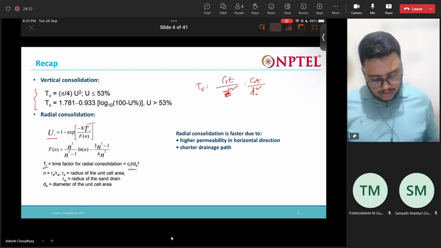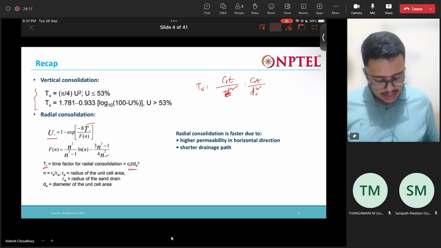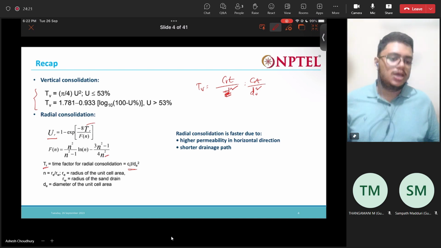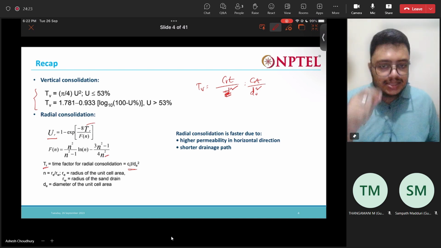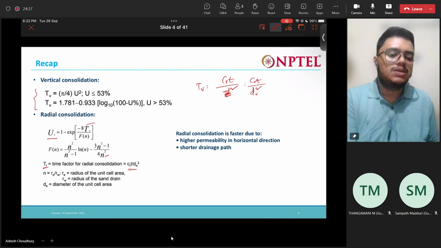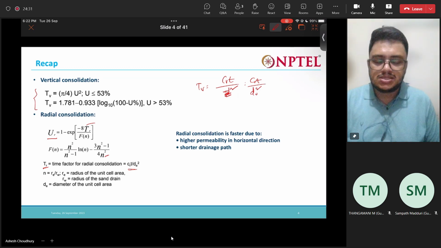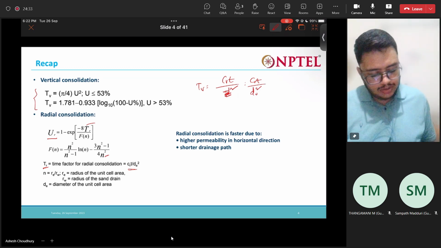Here is one more expression, N. N is the ratio of the radius of the unit cell area to the radius of the center. This term, unit cell, is very important, and we will see it again when we study stone columns. So what is the unit cell?